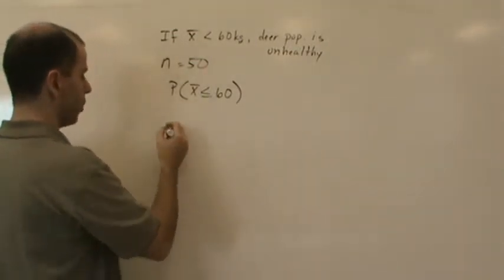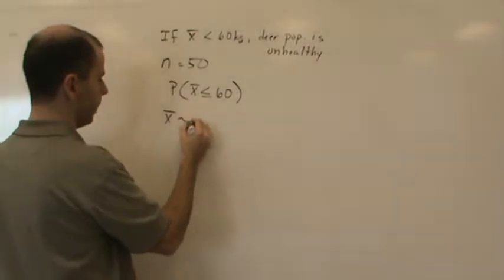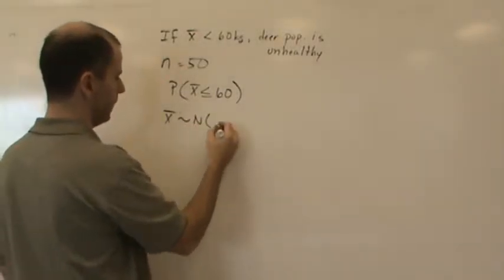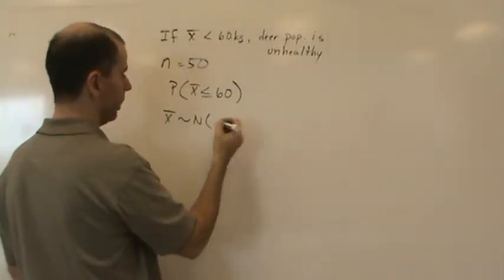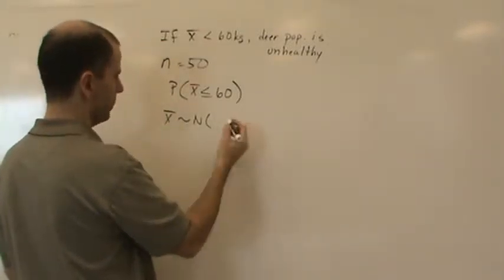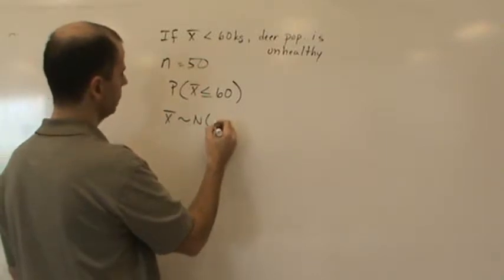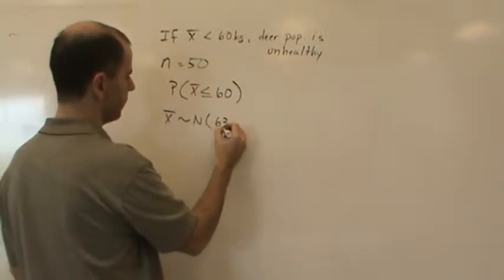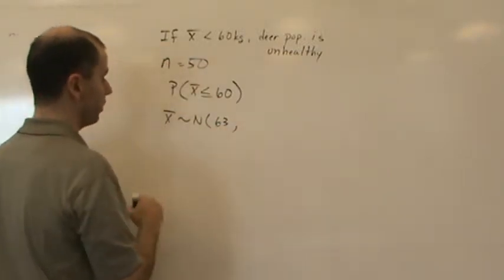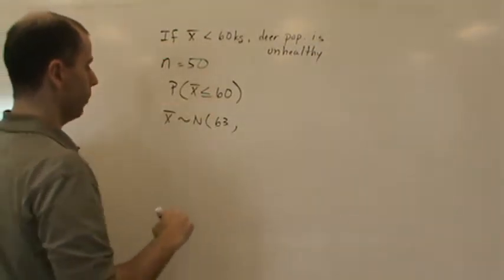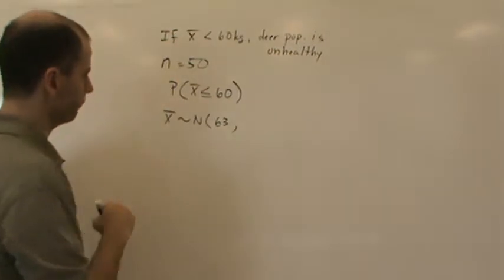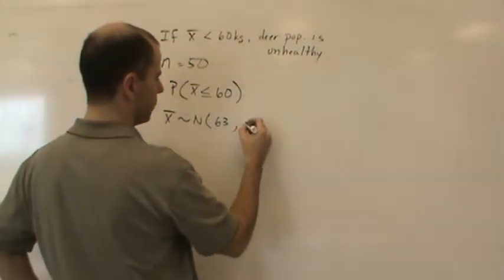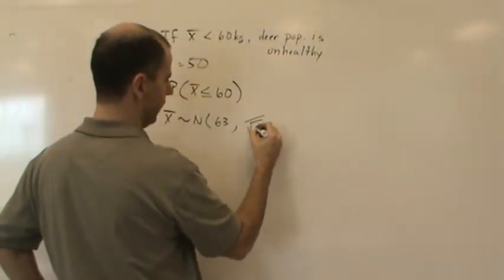We knew that the distribution of X bar in this case is normally distributed with a mean of, I believe, 63 kilograms, and a standard deviation, I forget the number, but we had to divide by 50.